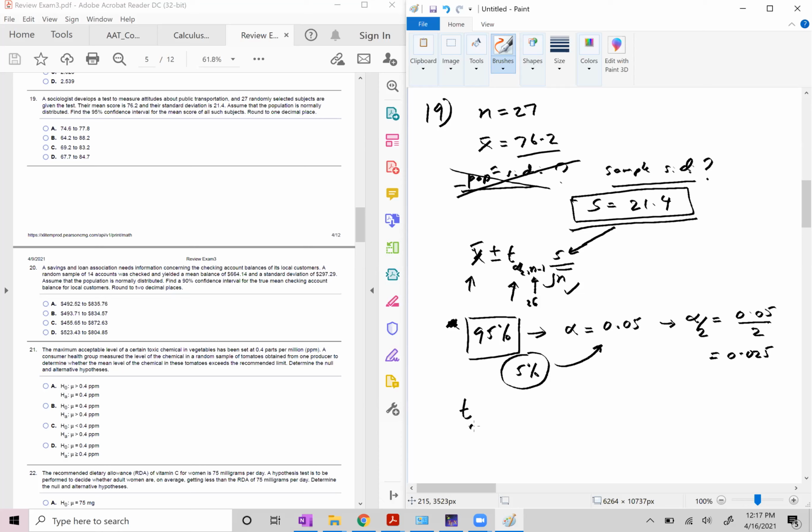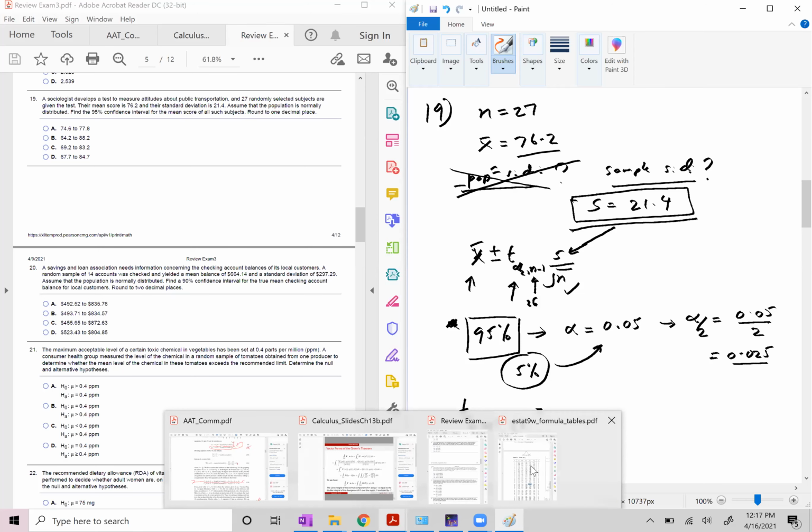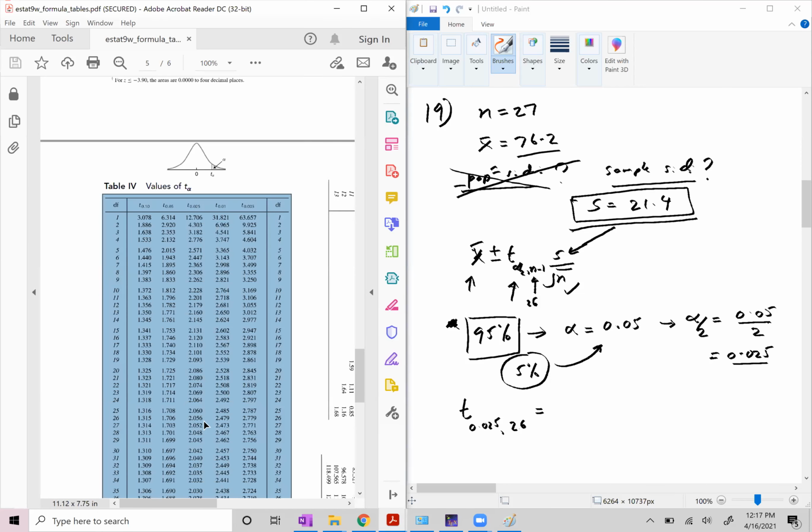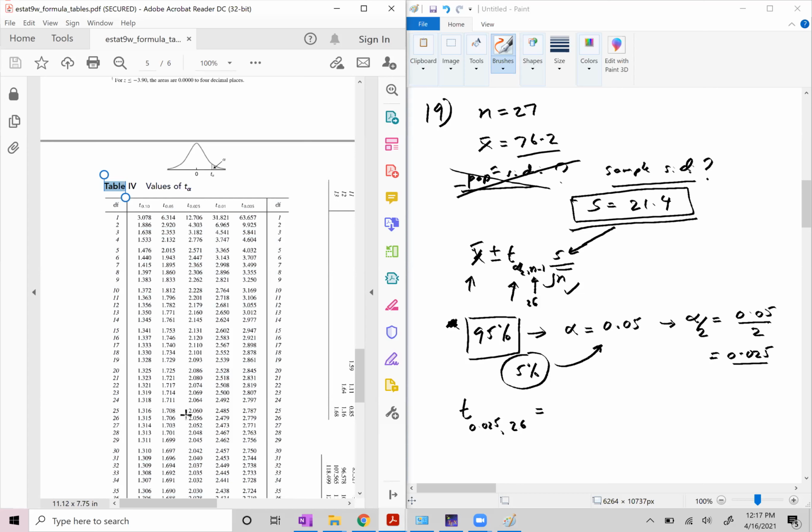T alpha over 2, we found that it is 0.025, comma n minus 1, which is 26. In the t table, t.025 is here, degrees of freedom 26, we have 2.056.